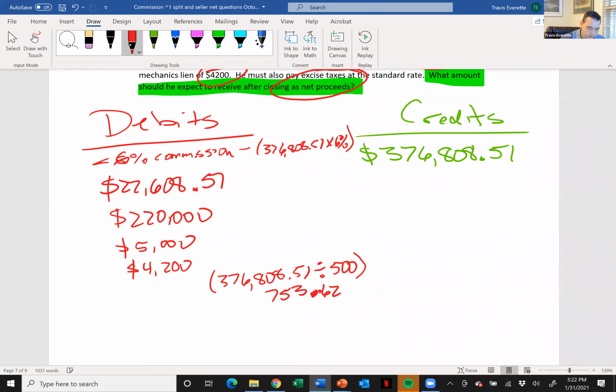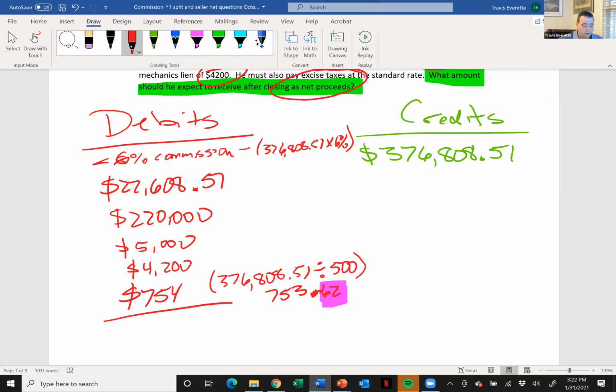But if you remember, the thing to remember about the state of North Carolina is they can't deal with that change. And so they're going to make you round that either to 753 or 754, and everything works in their favor. So we don't go down to 753, we go up to 754. So the excise taxes are going to be 754 on this thing.